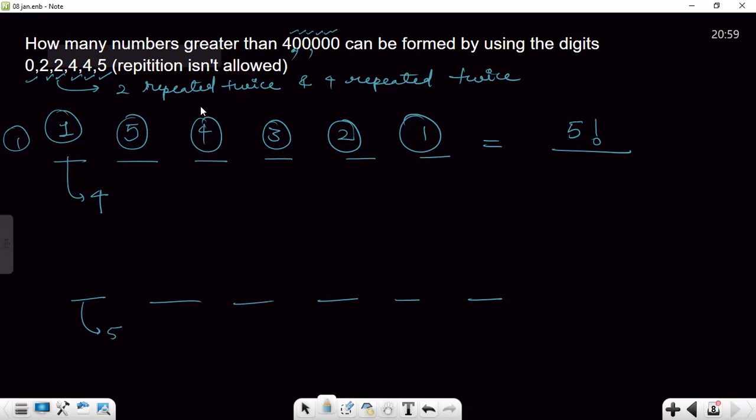So if 2 is repeated twice, we divide the total number of cases by 2 factorial. And there is also one more case when 4 is repeated twice, so we will again divide by 2 factorial. So these are the total number of numbers that are going to be formed.